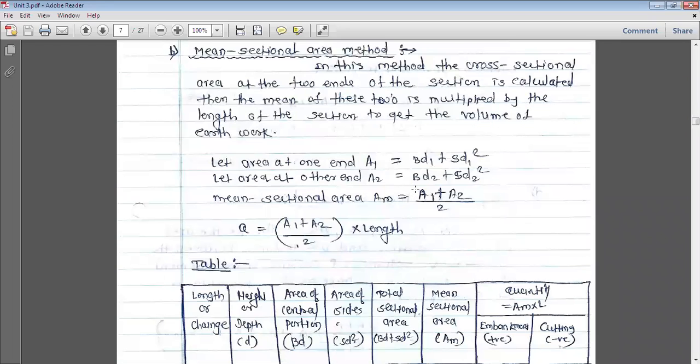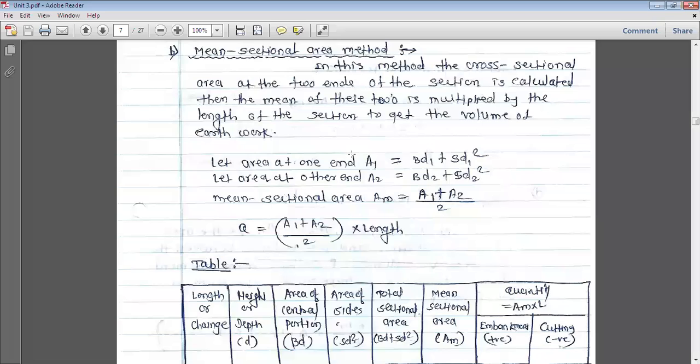Okay, so we will begin with the next method for determining the earthwork for road construction. The name of this method is the mean sectional area method. What is the difference between mid sectional and mean sectional?